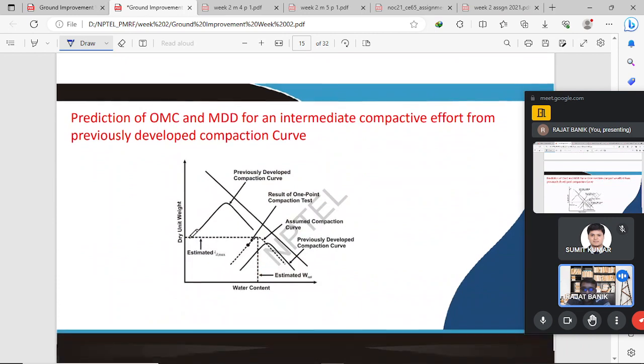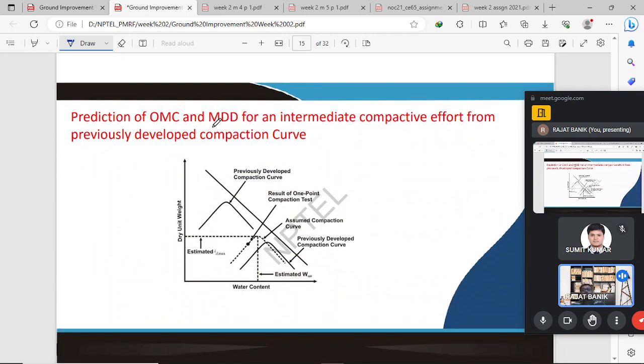Then moving ahead, here we see the prediction of the optimum moisture content and maximum dry density, which we can obtain by the standard Proctor test, the modified Proctor test, or some other means. For the same type of soil we can plot these two types of graph, one on the upper side, another on the lower side.